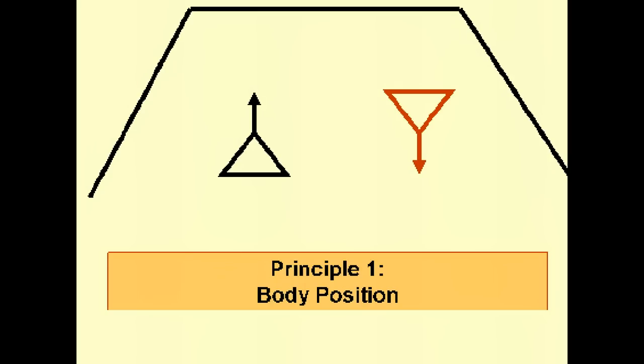Okay, I've put up a different screen, and you see 2 little stick figures. The figure on the left represents an actor who is looking toward the back of the stage, and this one represents an actor who looks as though he or she is looking toward the front of the stage.